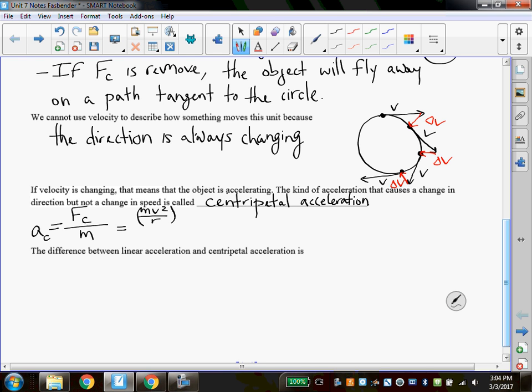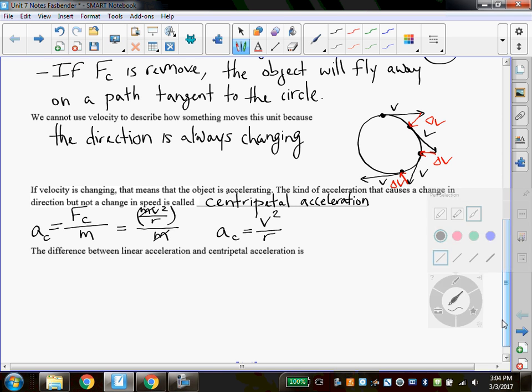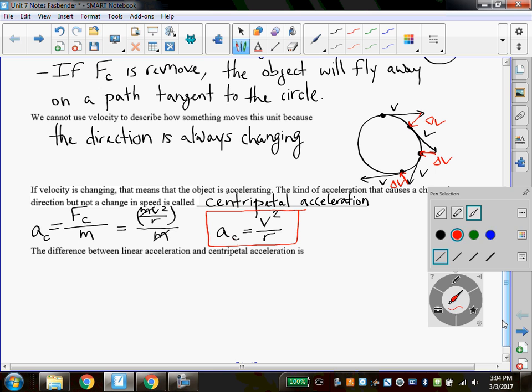So we could write Newton's second law as ac equals mv squared over r divided by m. And for those of you who are very talented at algebra will notice I've got mass in my numerator, I've got mass in my denominator. That cancels out. And so what we're left with as an equation for the centripetal acceleration is speed squared over r. And this will come in handy for us later, so let's put that in a red box as well.